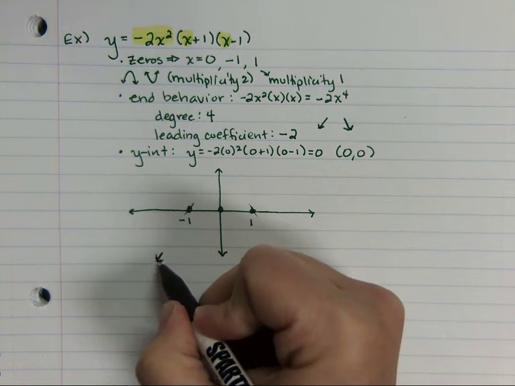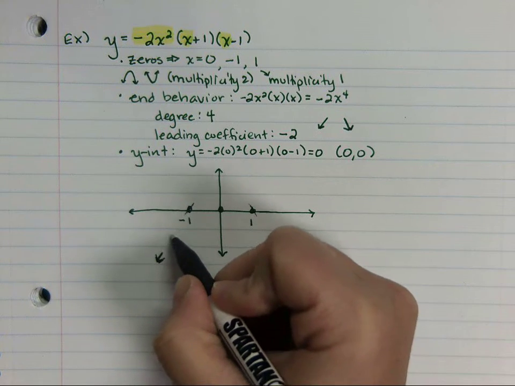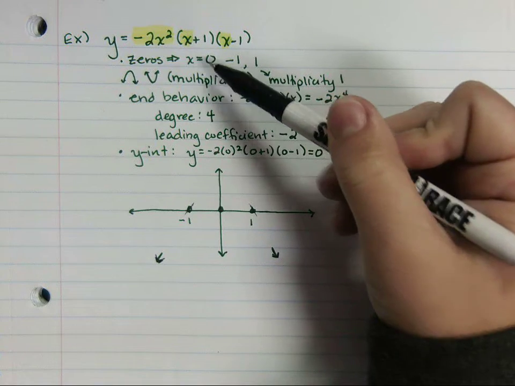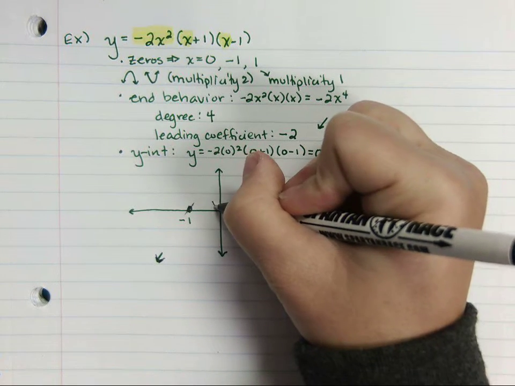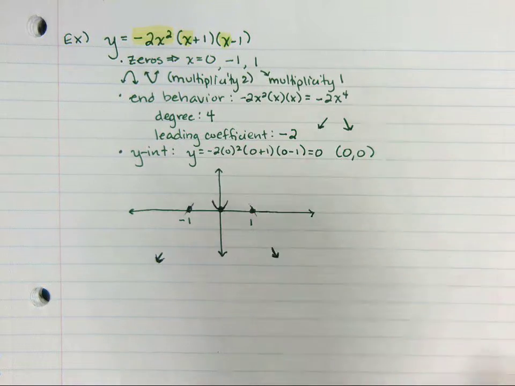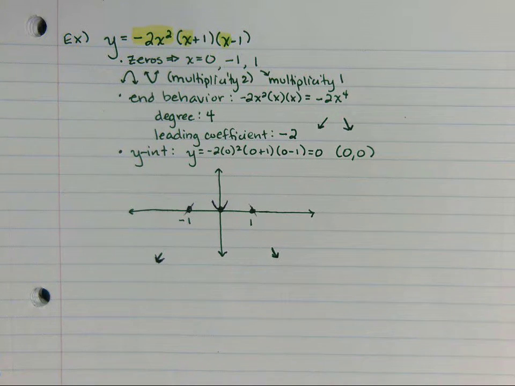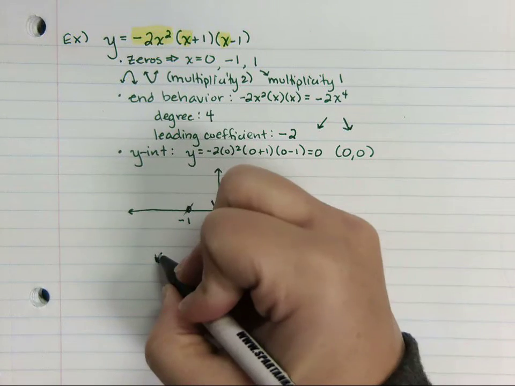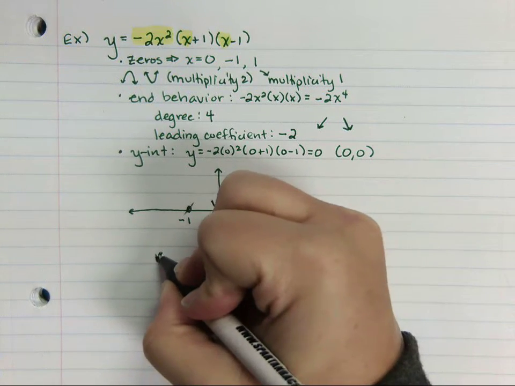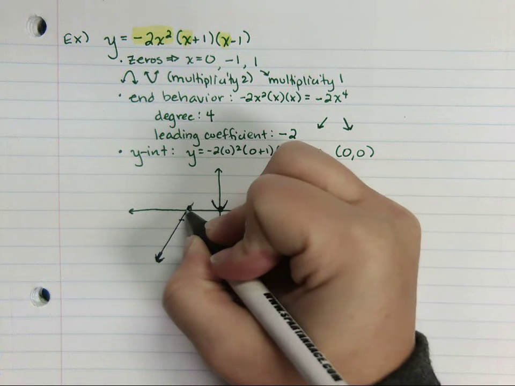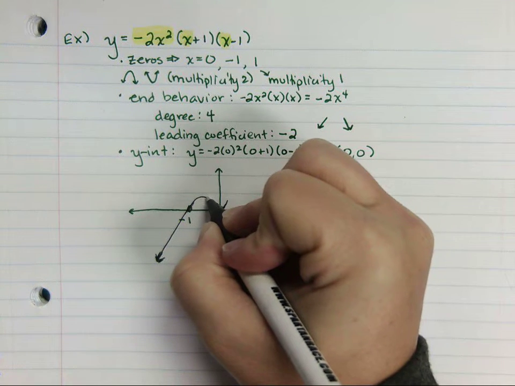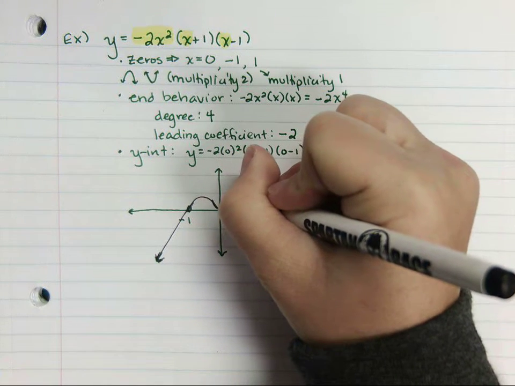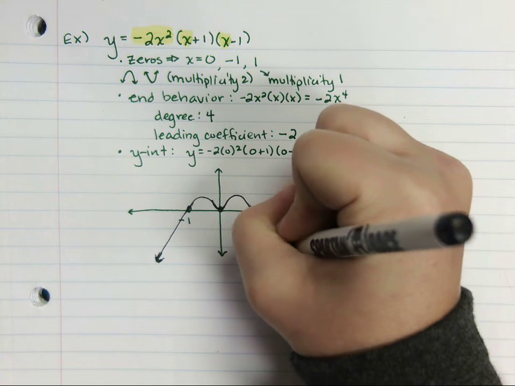Because of my arrows down here at the bottom, eventually it's going to have to go through in a straight line. The weird one is this multiplicity 2. Right? So with the multiplicity 2, it has to bounce. It can't go through, but it needs to have a bounce because that's what happens when you have an even duplicate. So when I sketch my graph coming from the bottom, it's going to go through my 0, and somehow it's going to turn. It's going to bounce off of that 0, and then turn again before going through and moving down.